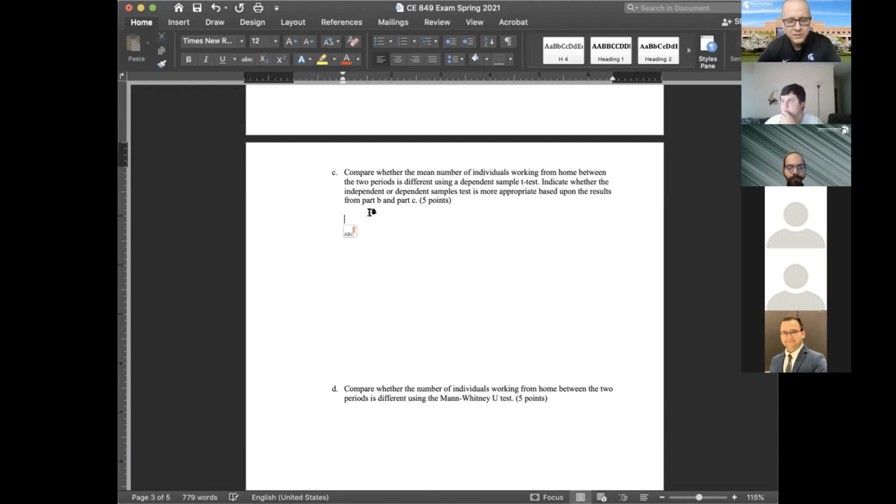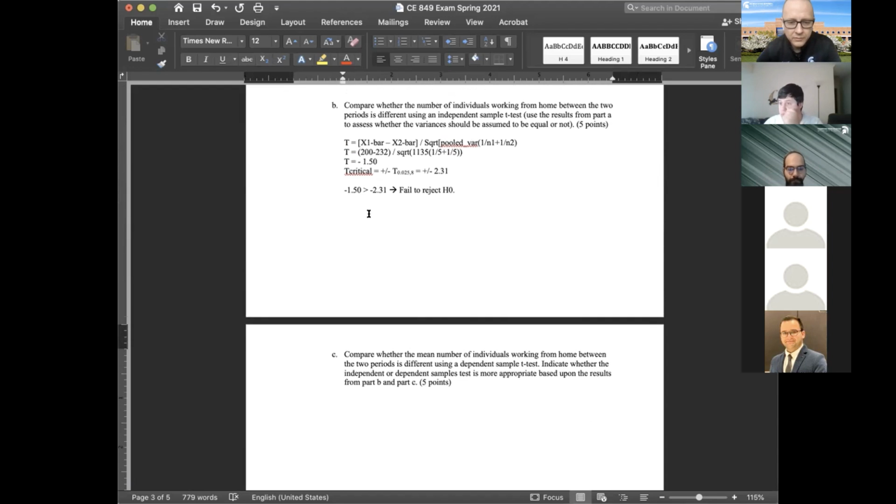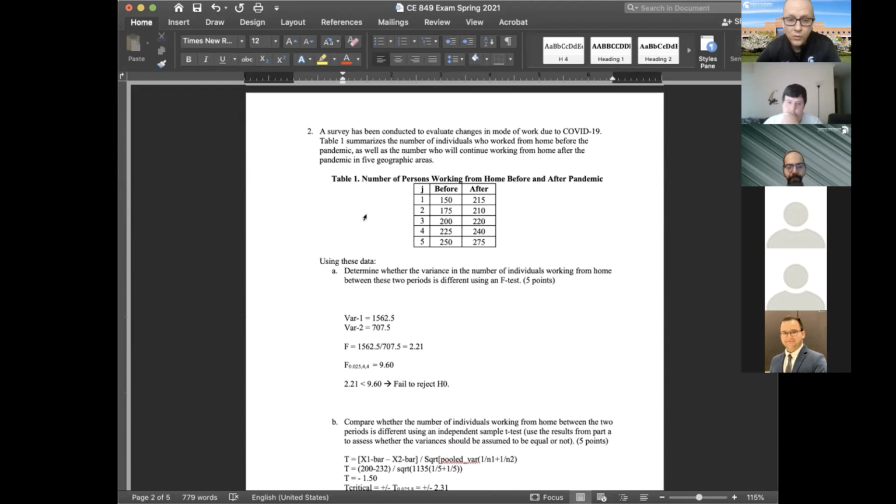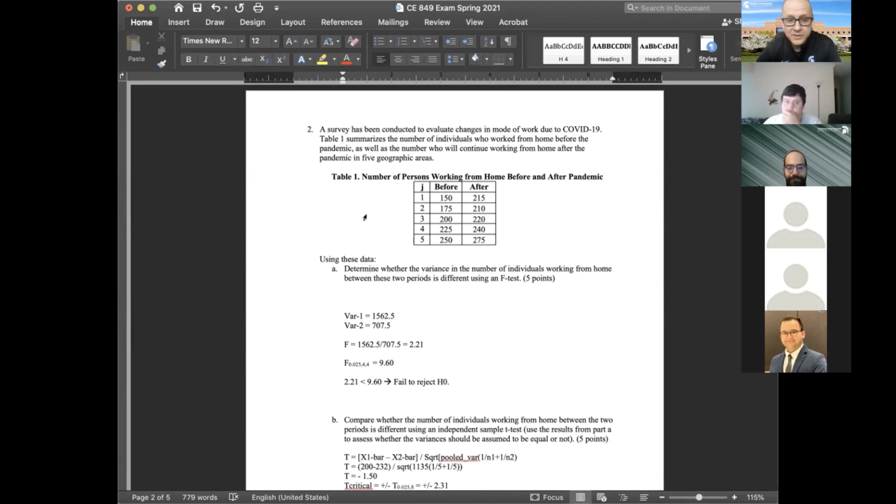So if we assume those data are dependent or paired or correlated with one another, which would make sense in this case because we have a bunch of different zones, and you would expect those zones that had more people telecommuting beforehand would likely have more people telecommuting afterwards.